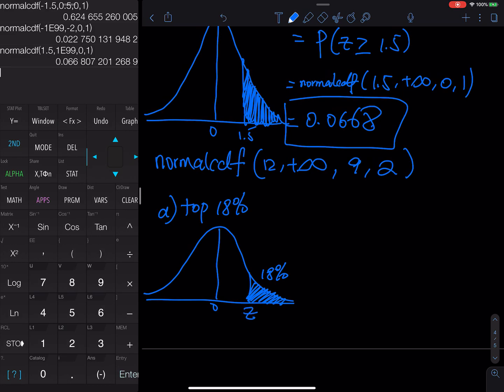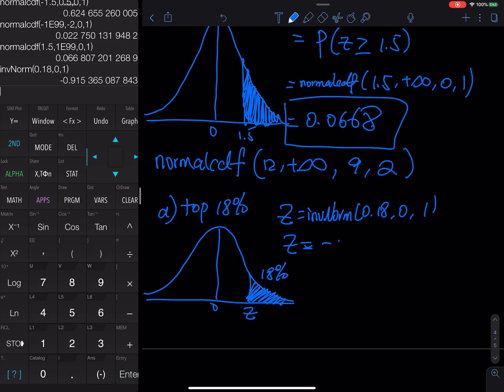This is a Z. So Z is equal to inverse norm 0.18, 0 and 1. Let's find out what this is. Second vars, inverse norm 0.18, 0 and 1.